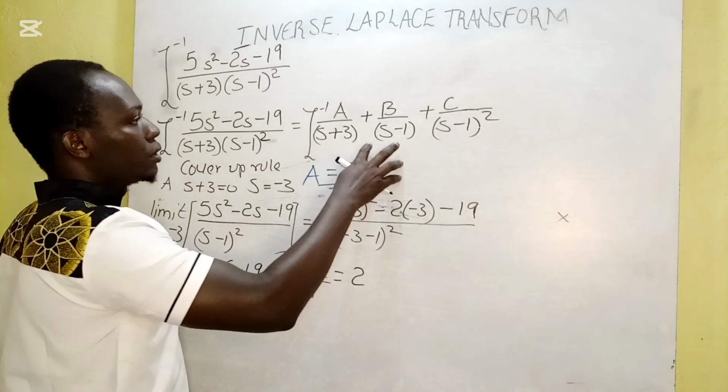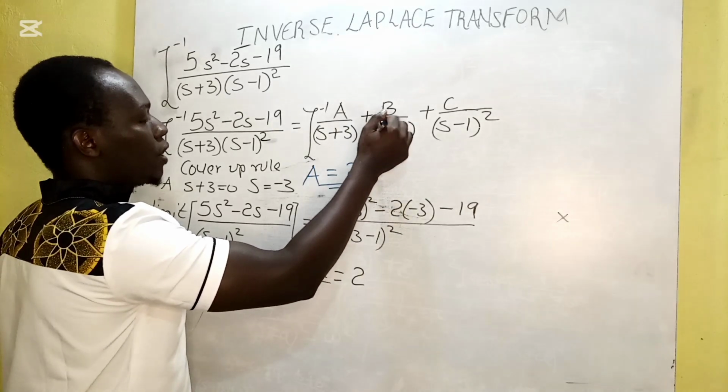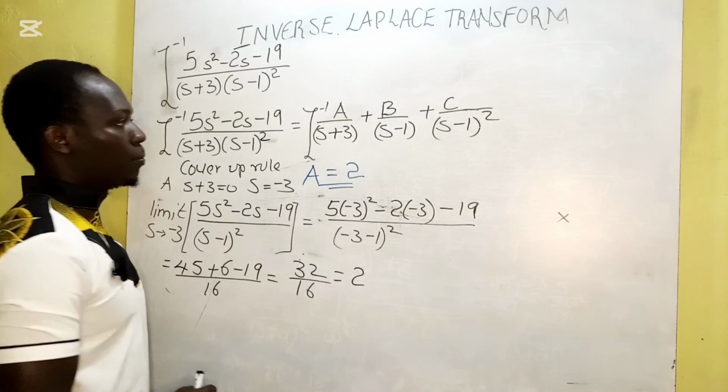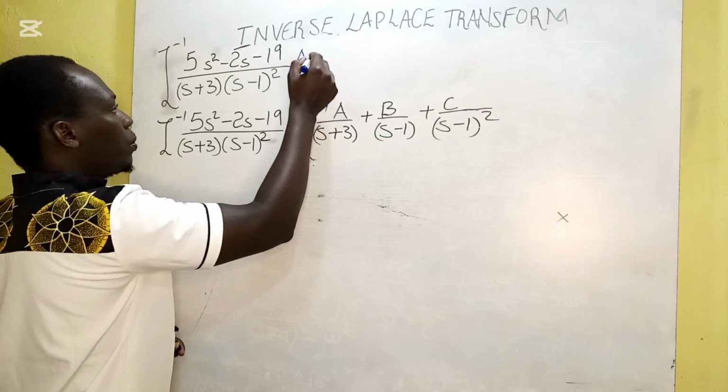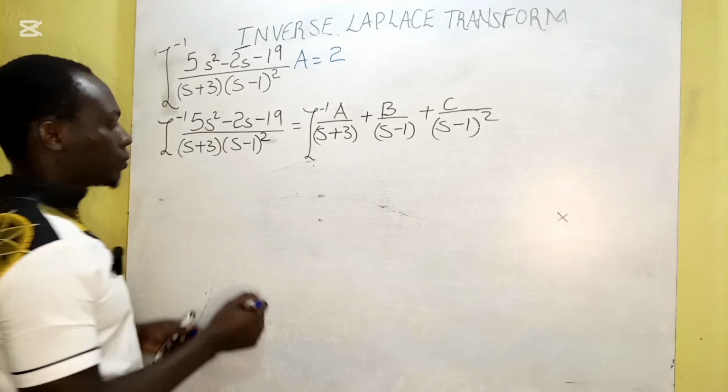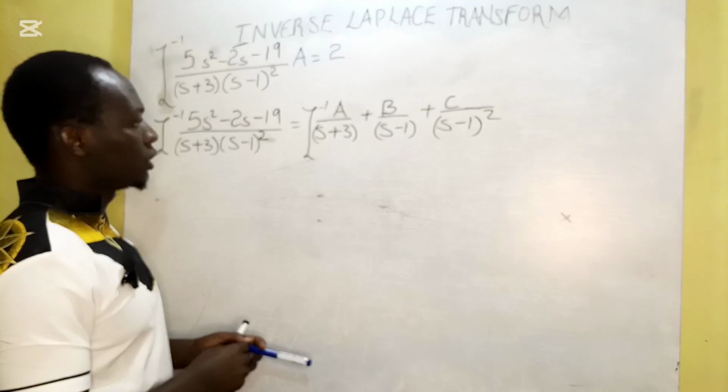Let us now find the values of B and C. A was equal to 2 by using the cover-up rule.